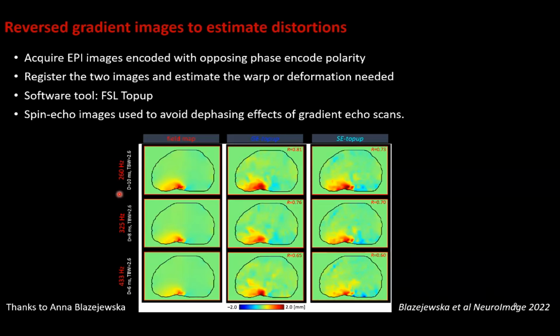Hopefully you can see that they more or less agree with each other, right? And that gives you the confidence that these methods are working. This is important because the field map is an MR physics based estimate, while the top-up is a morphology registration based estimate. And if they agree, they converge, you kind of know that your distortion estimate is a reasonable one. And that's very important, and I'll come back to that point in the next slide.